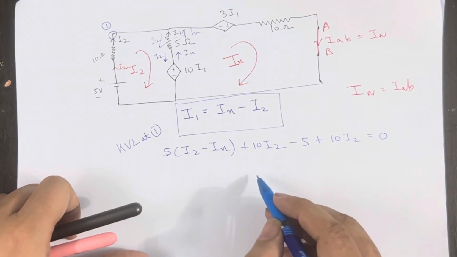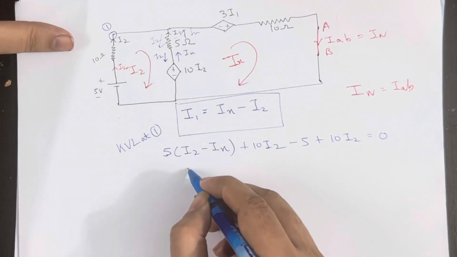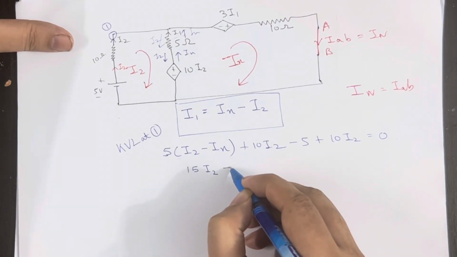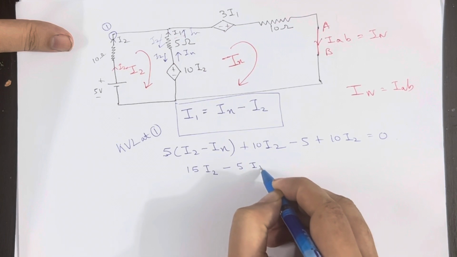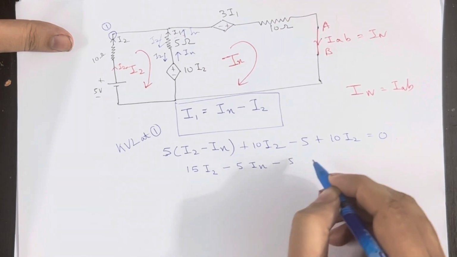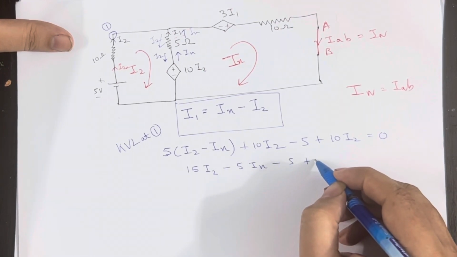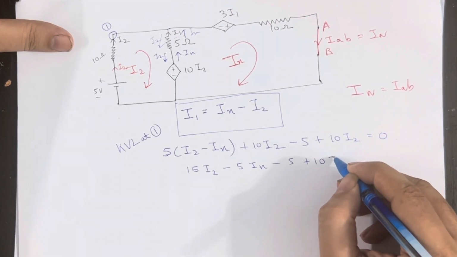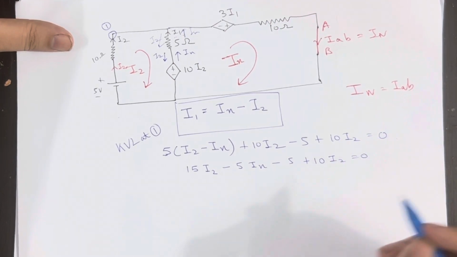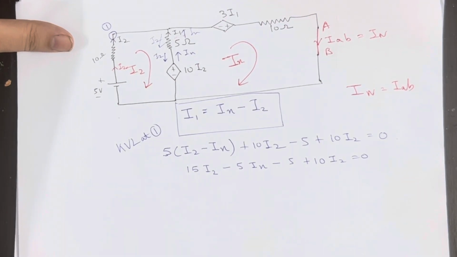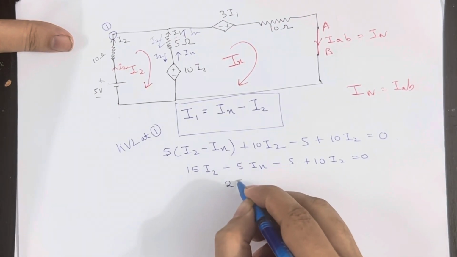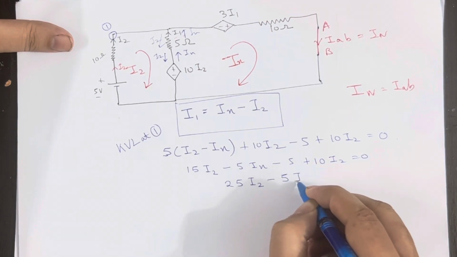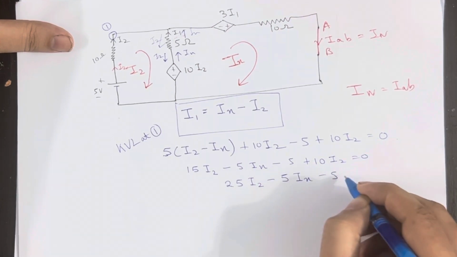Let's solve it down. It will be nothing but 15 I2 minus 5 Ix minus 5 plus 10 I2 equal to 0. So it will be 25 I2 minus 5 Ix minus 5 equal to 0.